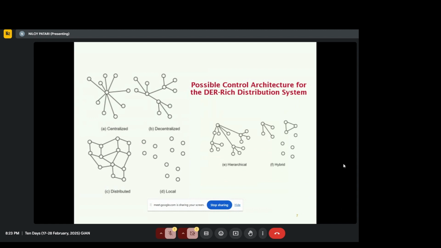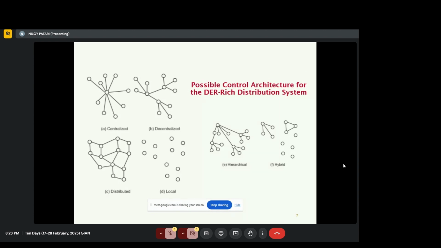Okay, we'll talk briefly about control architecture as well. In distribution systems, we generally have three or four kinds of control architecture in DER-rich distribution systems. The most common ones are centralized and local.